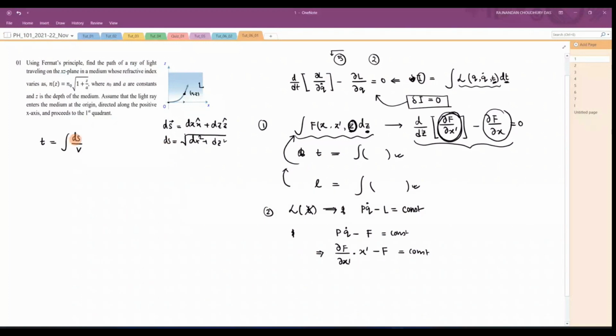Now you know ds. What about v? We know that n, the refractive index, is equal to c by v. So from here we can write v in terms of n, and n is given to us. So our total time taken by the light going from here to here will become the integration of c by, yeah, v will become c by n.